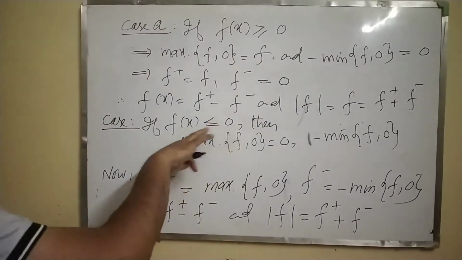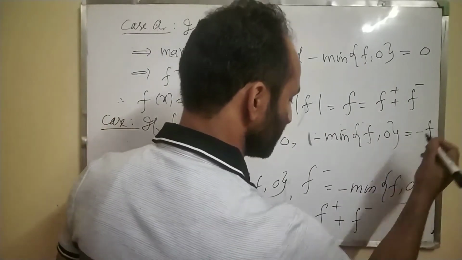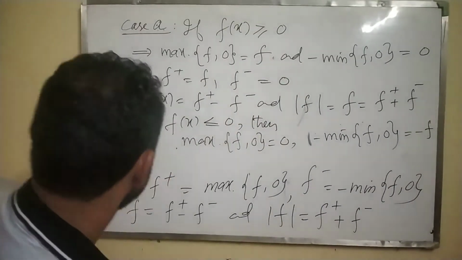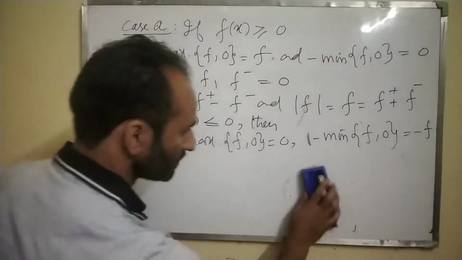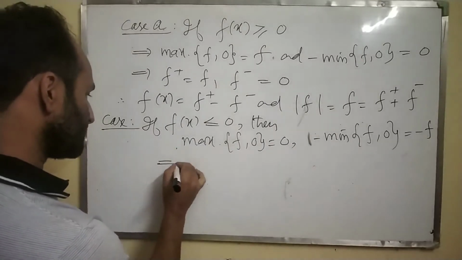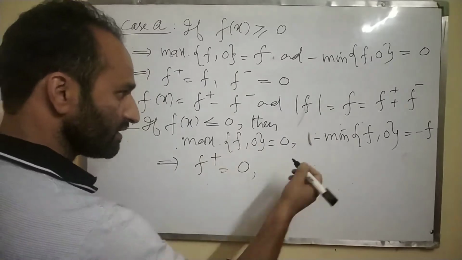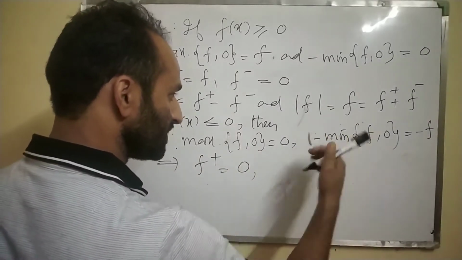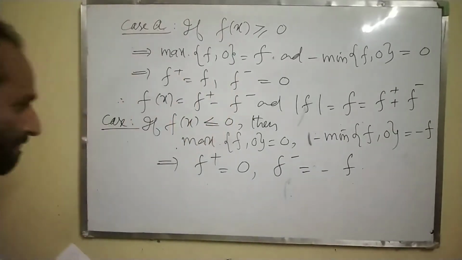Since this f is less or equal to 0, the minimum is f, so it will be minus times f, minus f. So this implies maximum of f comma 0, which means f plus, is equal to the 0 function, and minimum of f comma 0 minus times it's f minus, that's equal to minus times f.